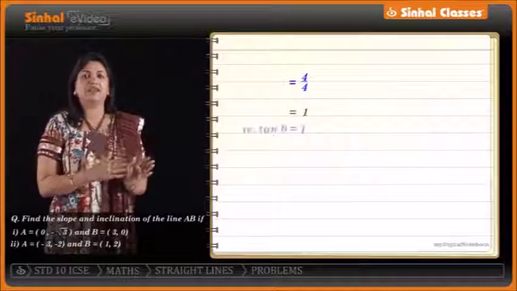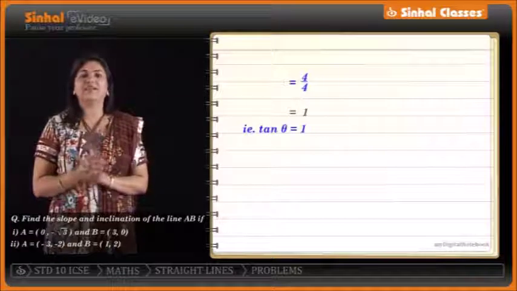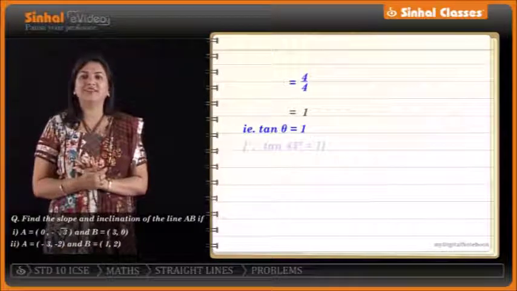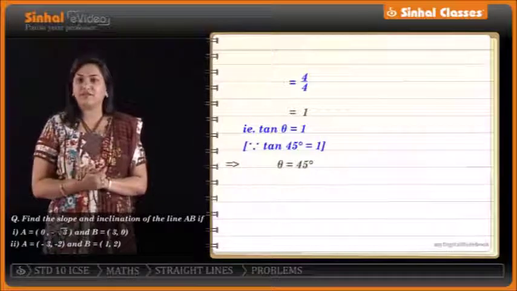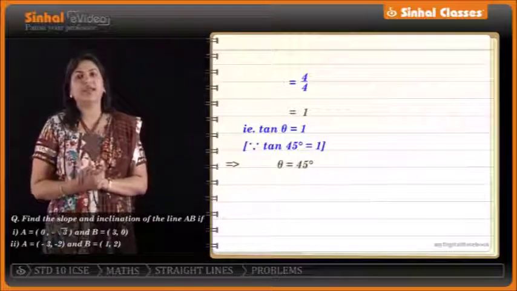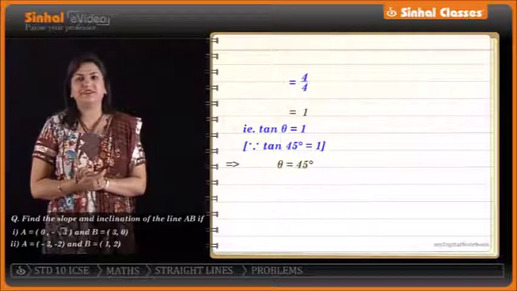Now same way, tan theta is 1. Tan of what angle is 1? Tan 45 is 1. So theta is equal to 45 degrees. So in the second part, we have got slope is 1 and theta, or the angle of inclination, is 45 degrees.